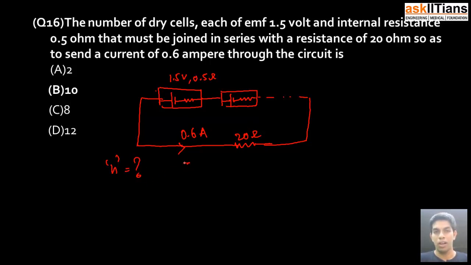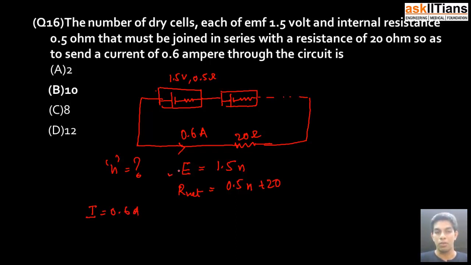So total potential in the circuit is equal to 1.5 into n. Total resistance in the circuit, R net, is equal to 0.5 times n plus 20, and the required current I is equal to 0.6 ampere.